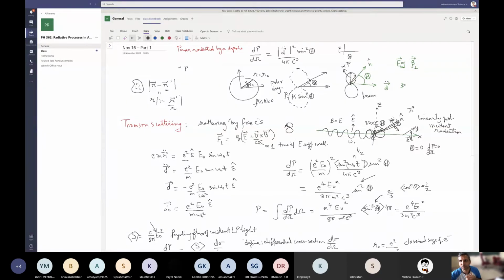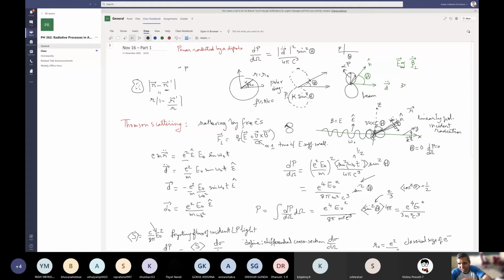Now I'm a little confused. That's the direction of acceleration. Right, okay, got it.